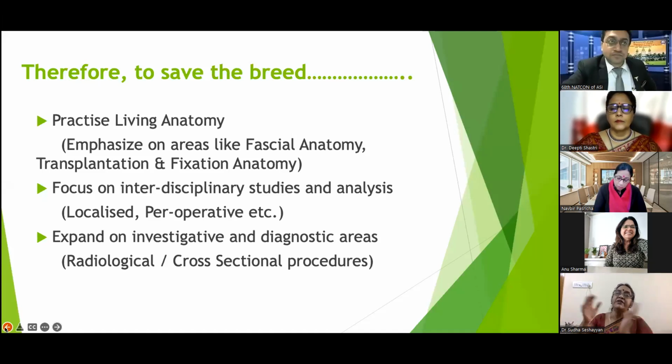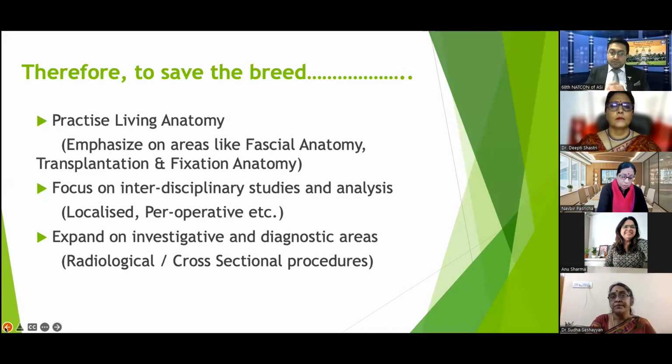And the intervention can be taken up by the clinician or the radiologist. But I know I'm treading a very tricky zone here. I'm not too sure if my radiology colleagues would accept this, would even relish this kind of thinking. But collectively, probably all of us can put in our intelligence and think of certain areas where the anatomist will not have to be a dead anatomist, but think in terms of living anatomy.